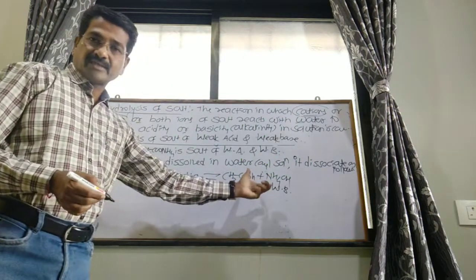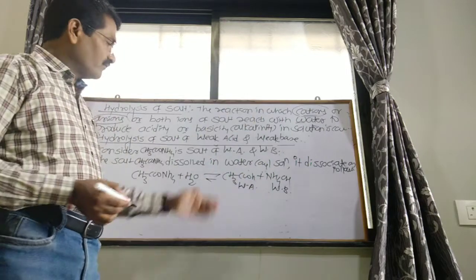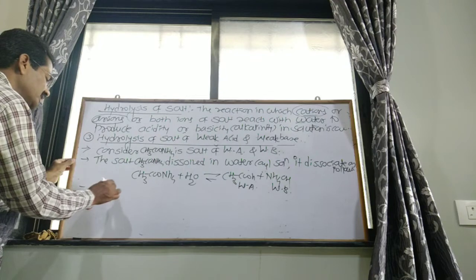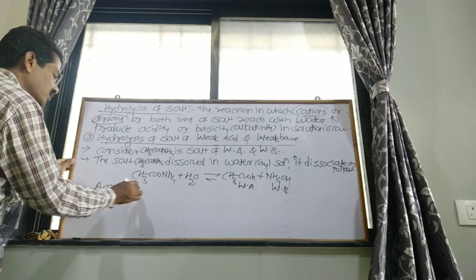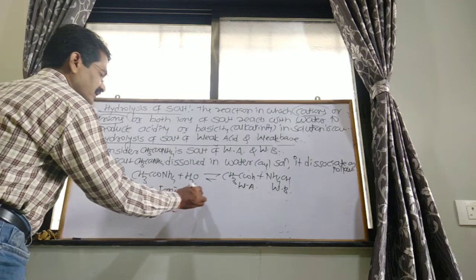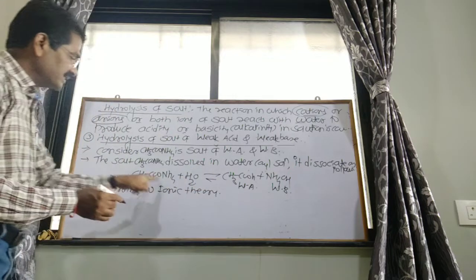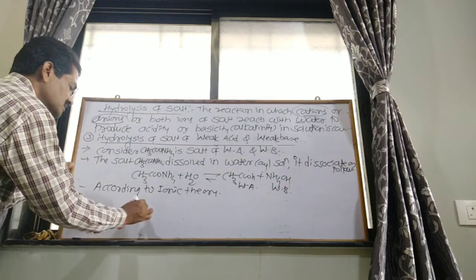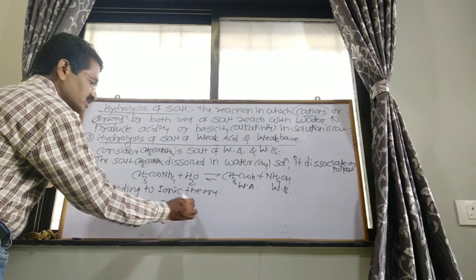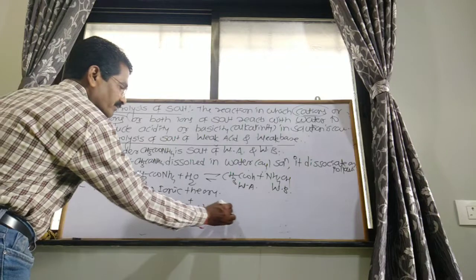Both electrolytes are weak. Then according to ionic theory, this salt gives the CH3COO minus plus NH4 plus ions plus H2O.